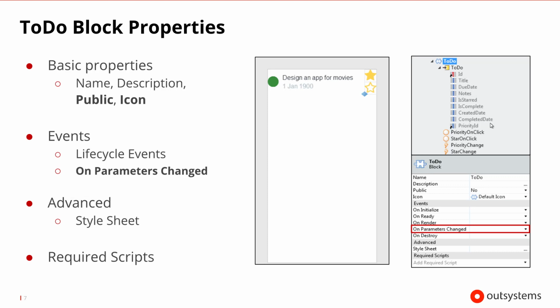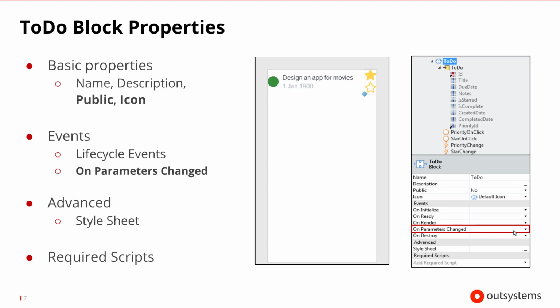And if this input that was given to us originally, so here we can see that design an app for movies was probably the title of this to-do, and the due date is null because it's giving us January 1st of 1900. But there was data coming in to this particular block. If that data were to change because the data is coming from the parent, then we could define an action here in onParameterChanged to define what to do when that occurs.